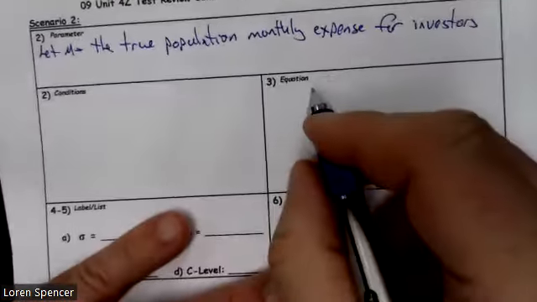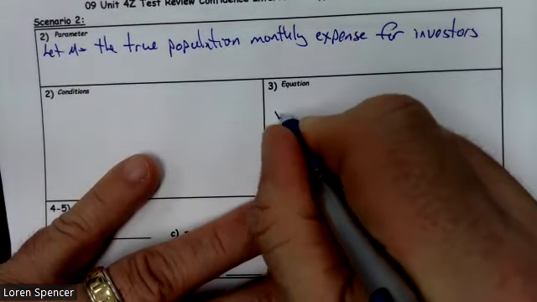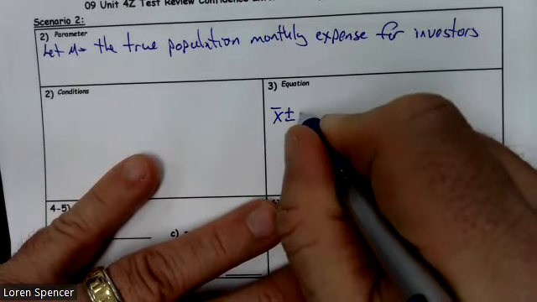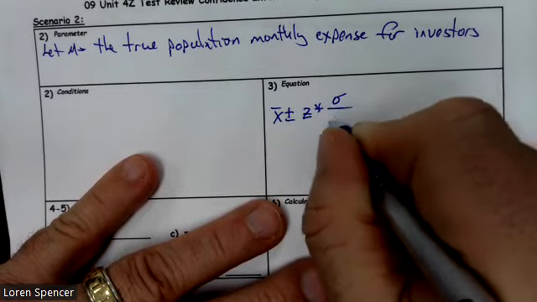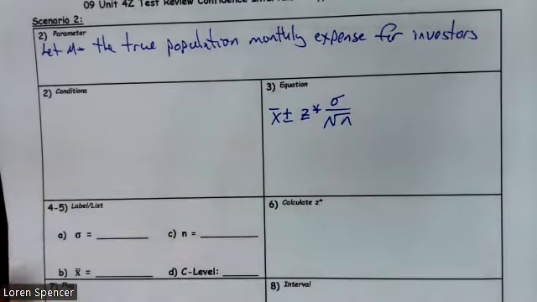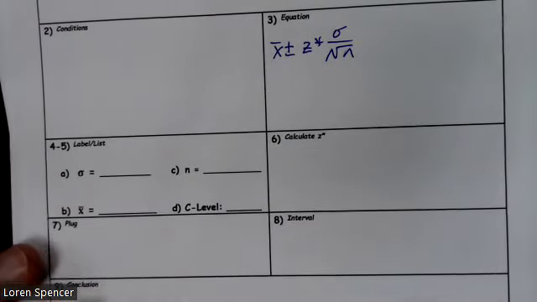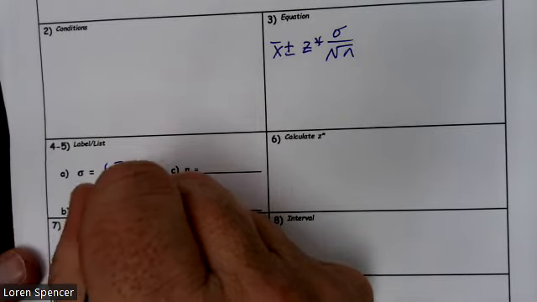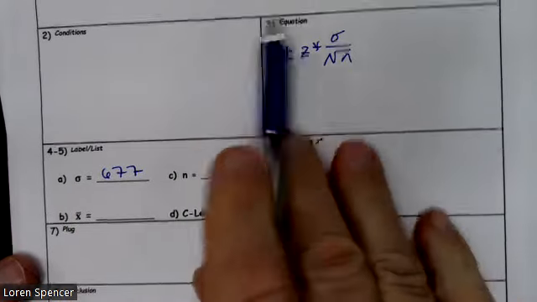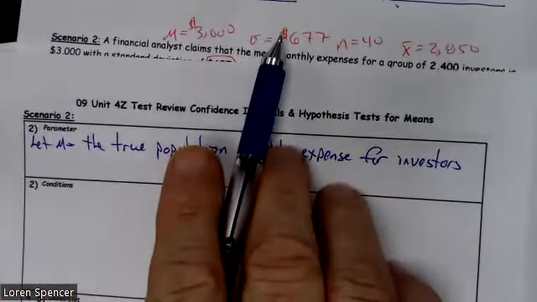Our equation for the confidence interval is going to be X bar plus or minus Z star standard deviation divided by the square root of N. Our information is our standard deviation was 677. That was the standard deviation from the population. That hasn't changed.